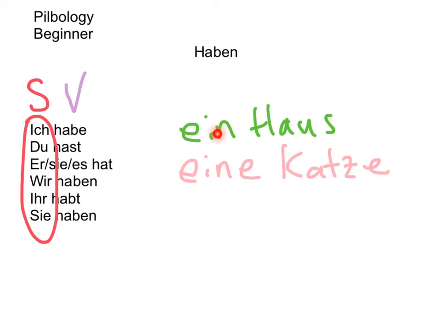Now with the neuter, the das words, and the feminine, the die words, there is no change to these. However, if I wanted to say Hund, woof woof, dog, I cannot say Ich habe ein Hund.